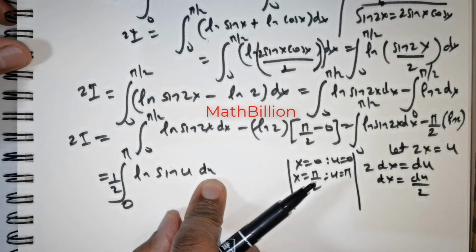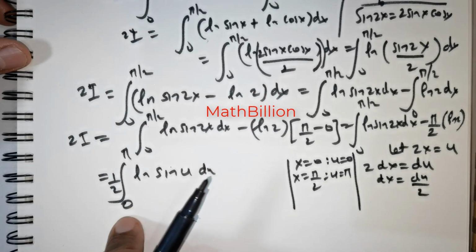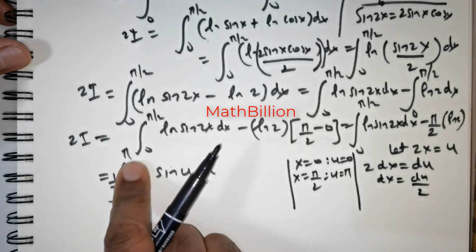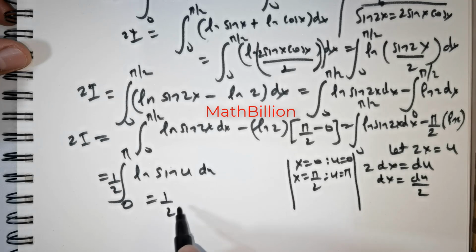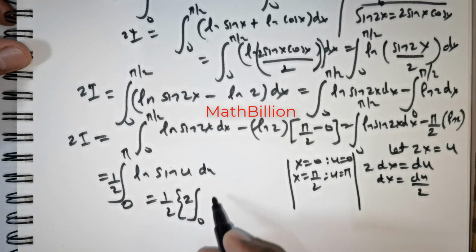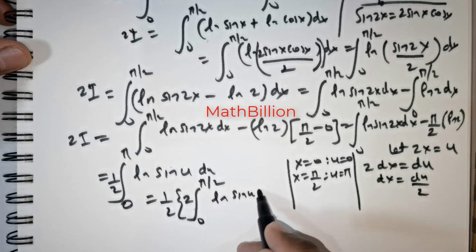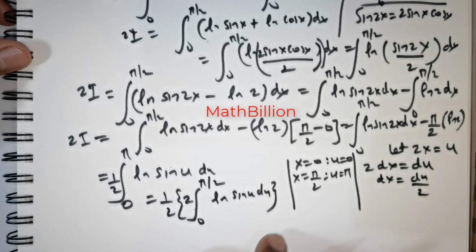ln sin u du. Now I can split the 0 to pi, so let me split it. So 1 over 2, I can split this as 2 times integral 0 to pi over 2 of ln sin u du.